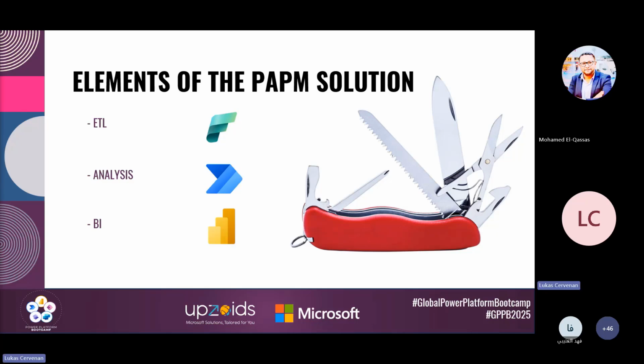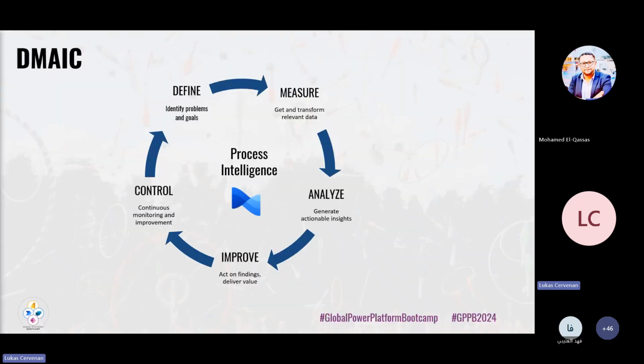Okay, we have briefly talked about technologies, what we are trying to achieve. Right now we will talk about the methodology of how to deliver these kinds of process improvements, or how we will improve processes with the usage of this advanced technology. For that, we strongly recommend using the DMAIC methodology.